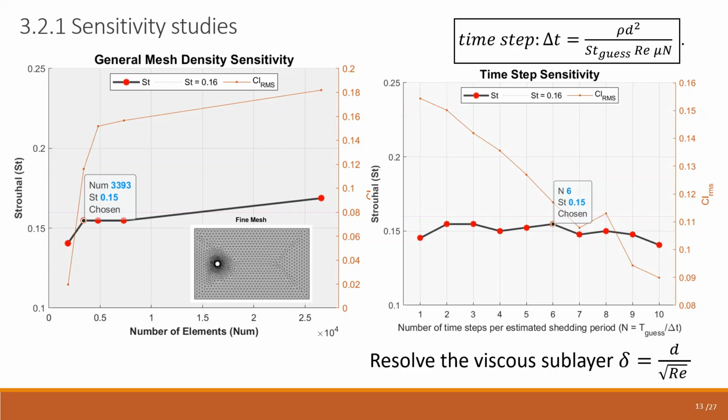Although there is not a definite time step that should be used based on this study, it was chosen to use 6 time steps per shedding period. This is enough to meet the Nyquist criteria, which states that there should be at least 2 sampling periods per vortex shedding period in order to accurately predict the vortex shedding frequencies.